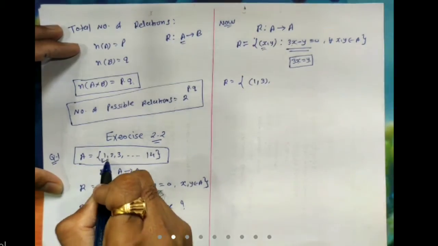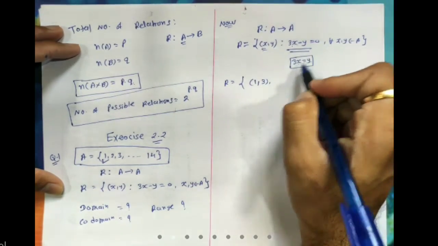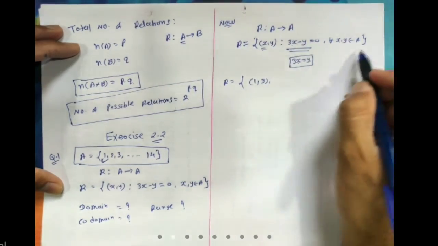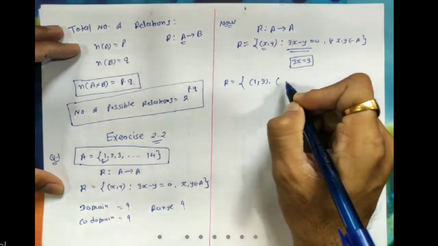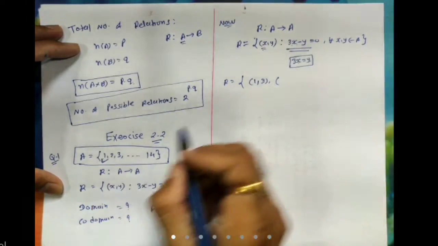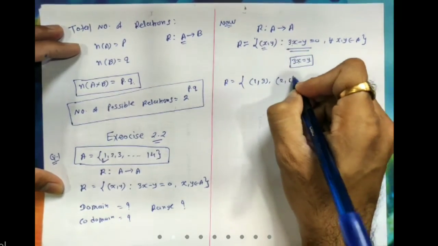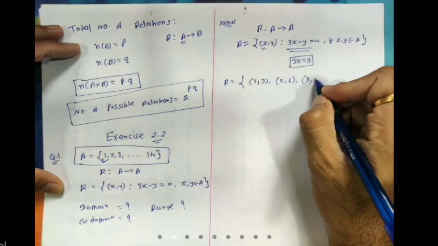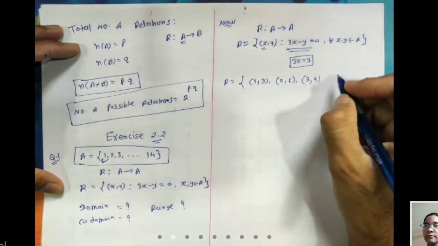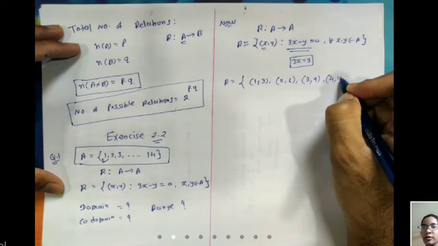First element of set A is 1, so put x equal to 1 here. We get y equal to 3. This 3 must belong to set A. Is it in set A? Yes. Now the second ordered pair: take x equal to 2, y equal to 6. Then x equal to 3, y equal to 9. Then x equal to 4, y equal to 12.